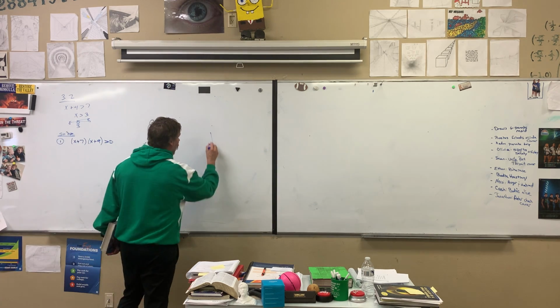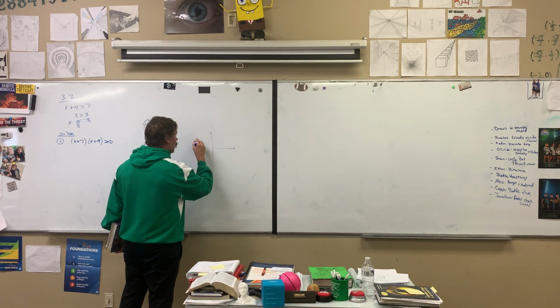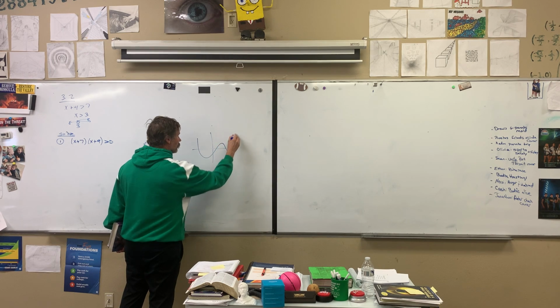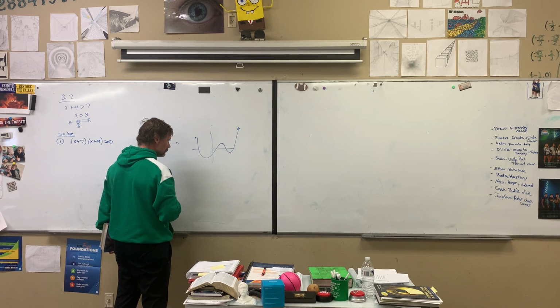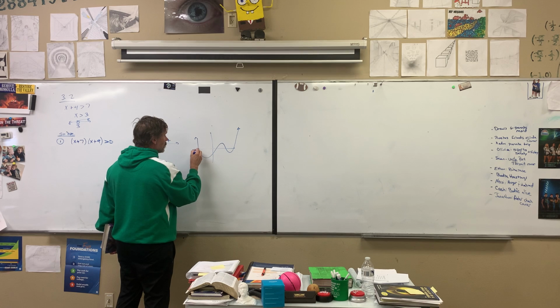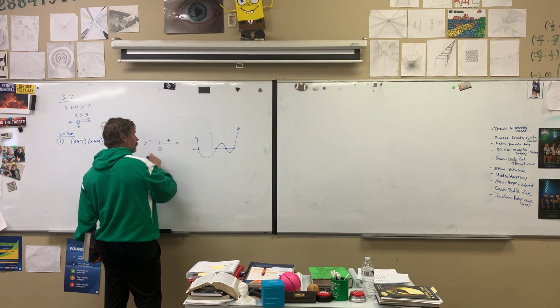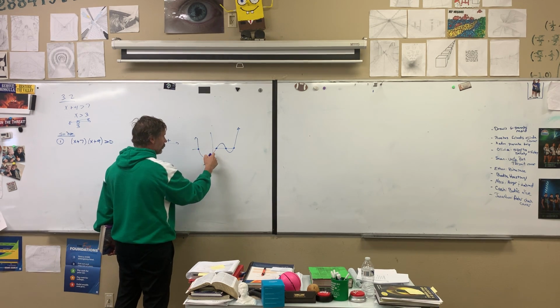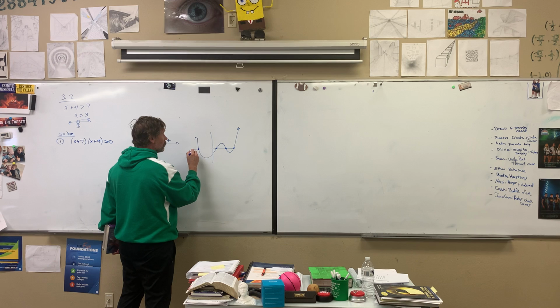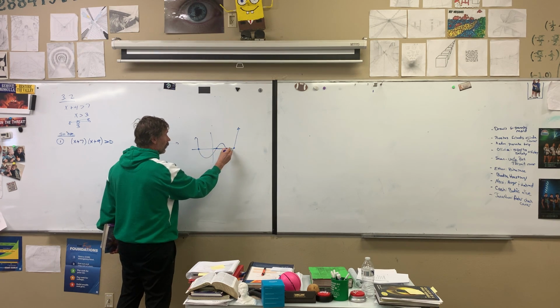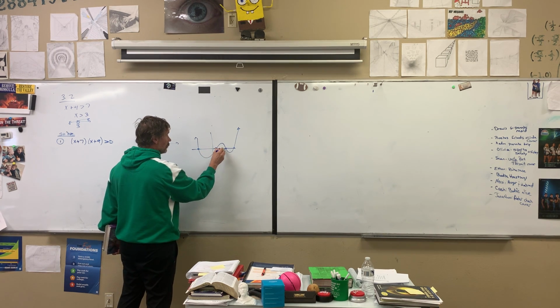When you graph an equation, it'll look like this. This is a quartic. It's not like the number line where this is 0. These are zeros of a function, here, here, here, and here.